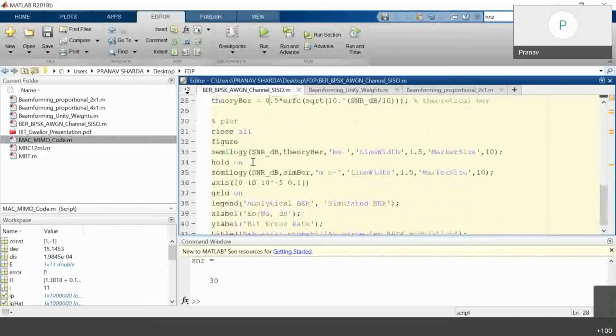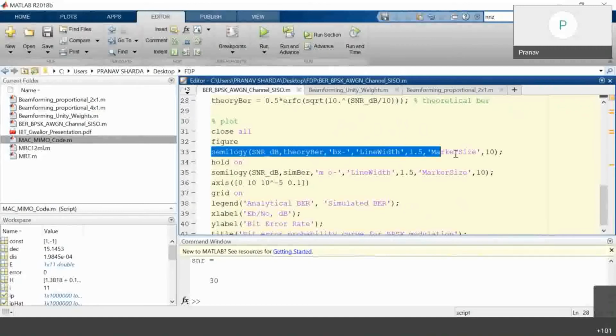So now we are interested in envisioning the plot of BER versus SNR. There is a command semilogy, right? And in the parentheses, we have defined a few parameters, as we are interested in observing a plot between SNR and BER. The first plot would correspond to the derived analytical BER.